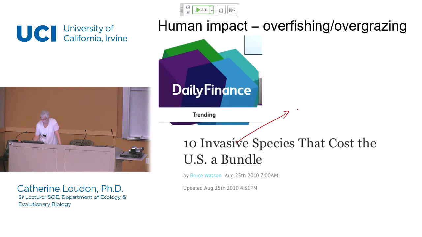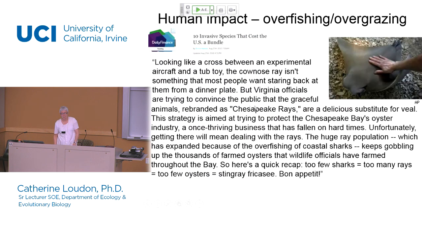Some are just species where there was a huge increase in the population size of a non-invasive species. But nonetheless, there's 10 very interesting stories within this article, which I will make available on the course website, which describe the cost and what's going on with human impact. So we're just going to go through one example of this.